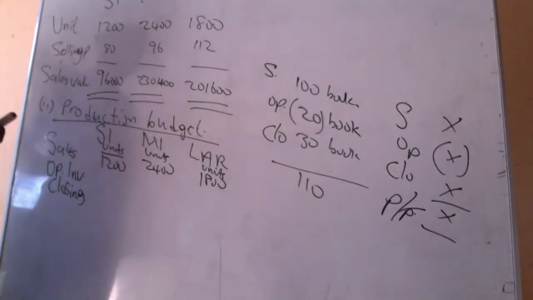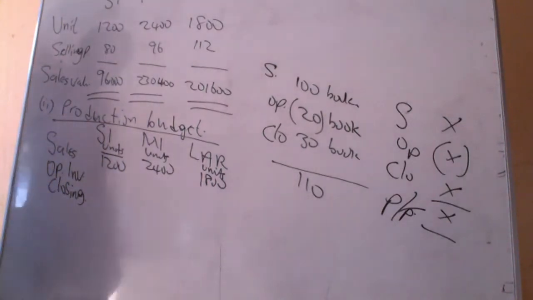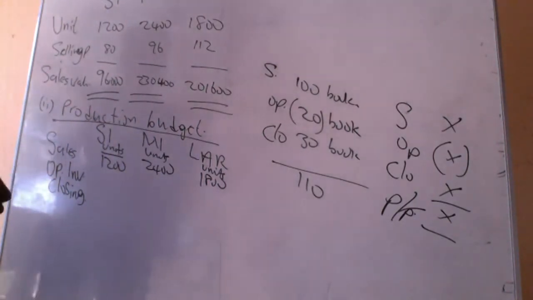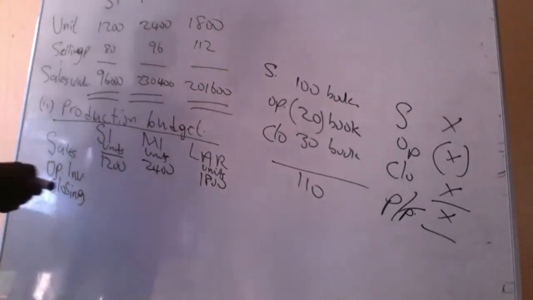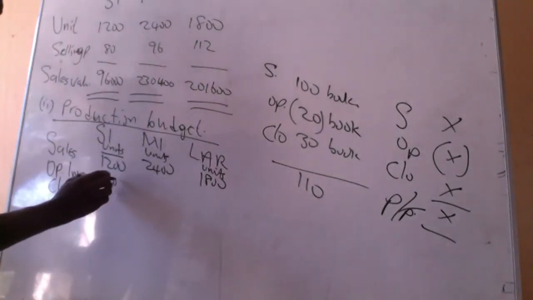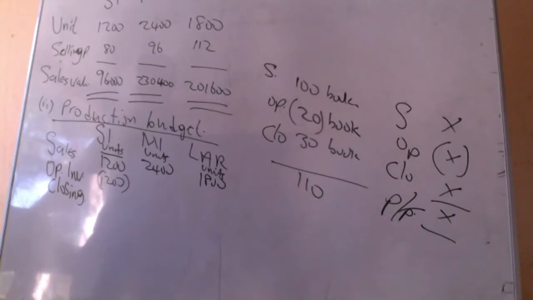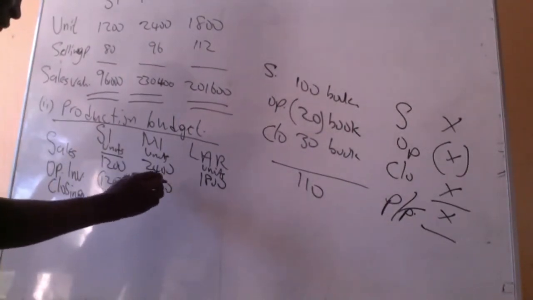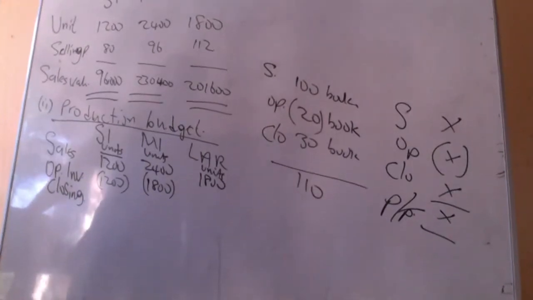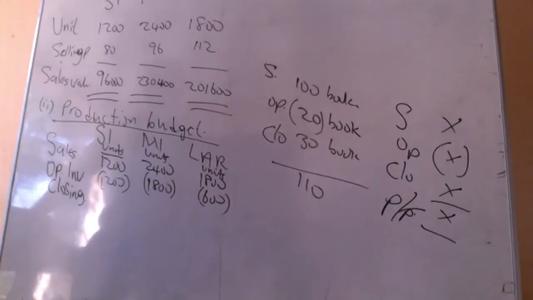The finished goods are SI, MI, and LAB. So what is the open inventory for SI? 1,200. Good. What about MI? 1,800. Good. And then LAB. 600. Good.